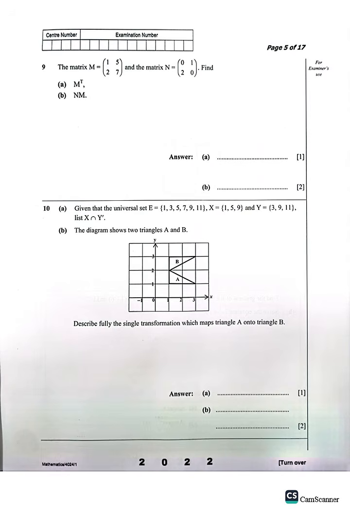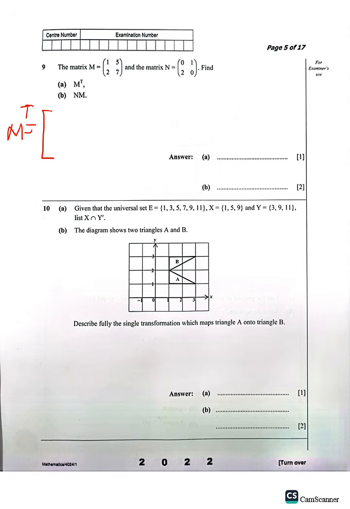The matrix M has 1, 5, 2, 7, and the matrix N 0, 1, 2, 0. Find the transpose of M. Okay, so the first part is we need to find a transpose. So what do you do for transpose?